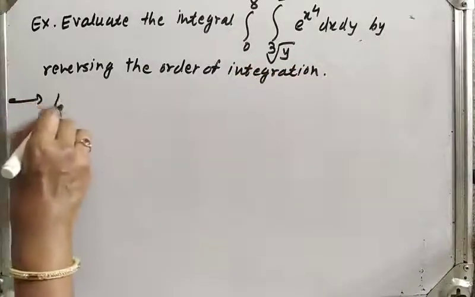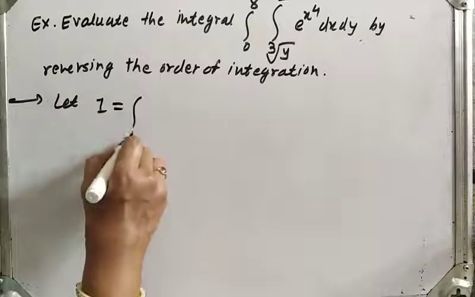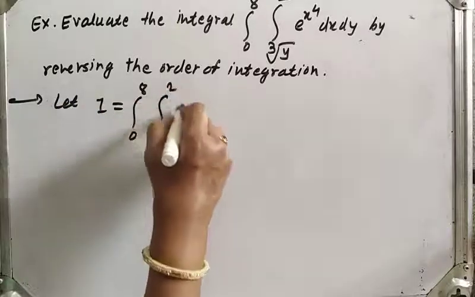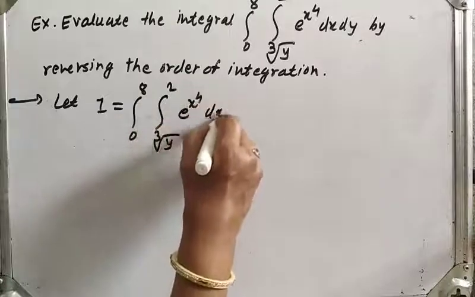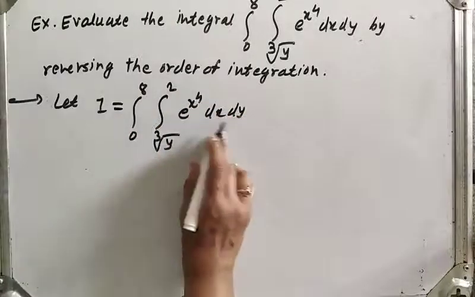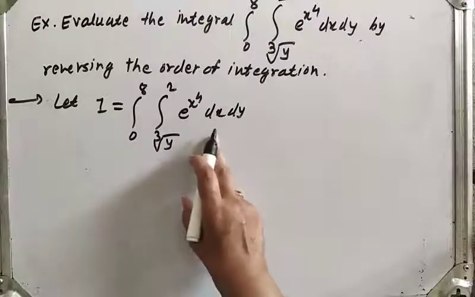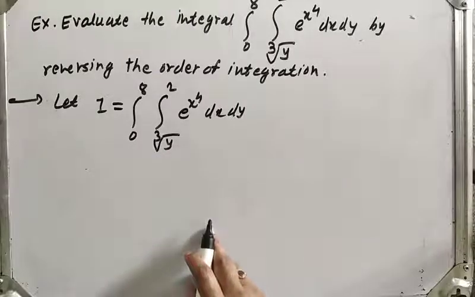Okay, so first let I be equal to the given integral, 0 to 8, cube root of y to 2, e raised to x raised to 4, dx dy. Dx is first given, we have to reverse this, means we have to integrate with respect to y first, means we need to plot the graph in which we will plot the strip parallel to y-axis.